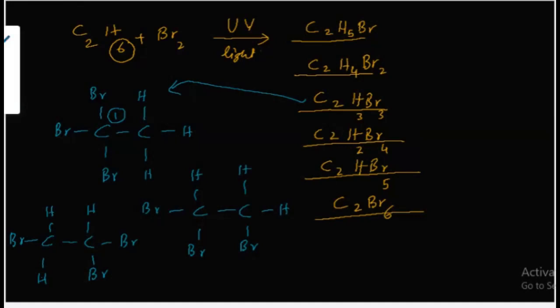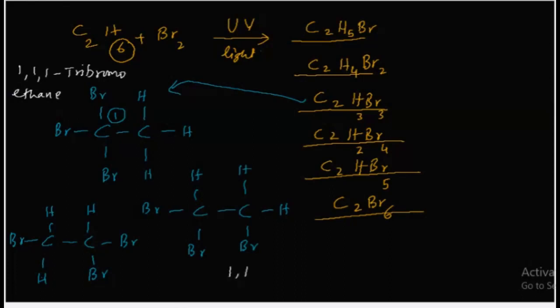So we can say that this compound is 1,1,1-tribromo, because all the 3 bromine atoms are on the first carbon. This is 1,1,1-tribromo, and the rest of the compound contains 2 carbons bonded through a single covalent bond.